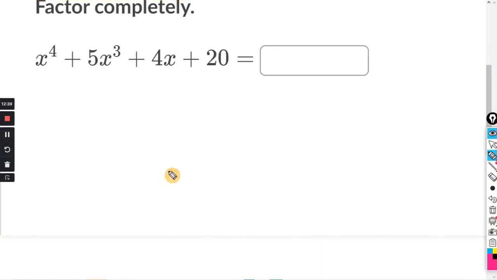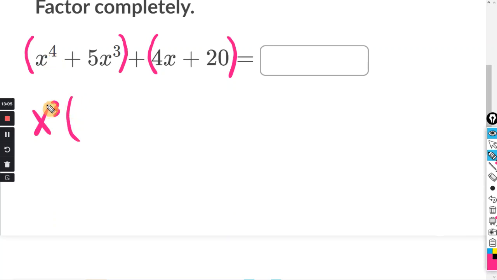All right, 4 terms. Again, I'm going to make it 2 and 2. For the coefficient, we have a 1 and a 5. So the coefficient is just 1. You don't have to write 1 in front of an x. Smallest exponent, x to the 4th, x to the 3rd, that's going to be x to the 3rd.